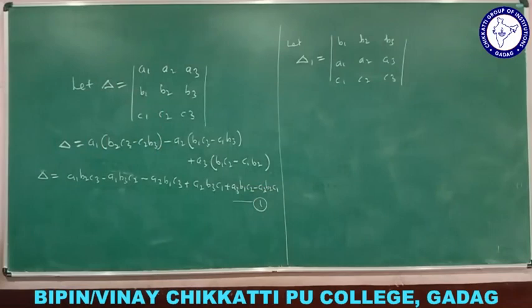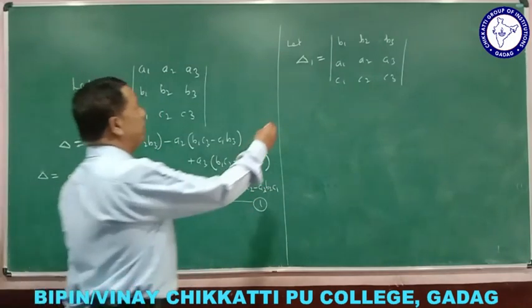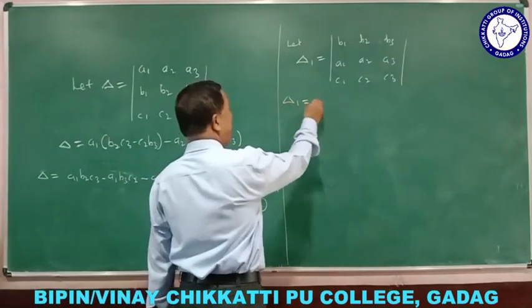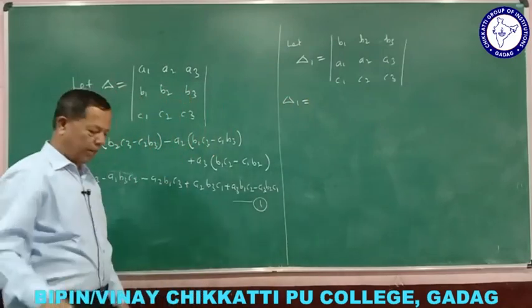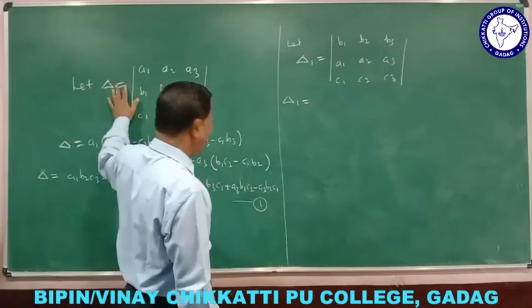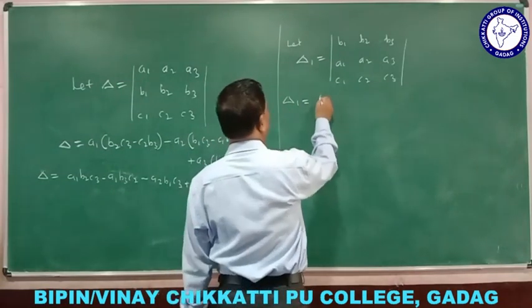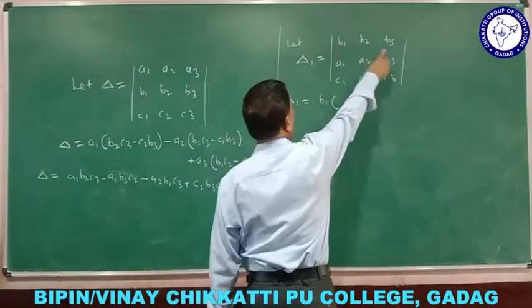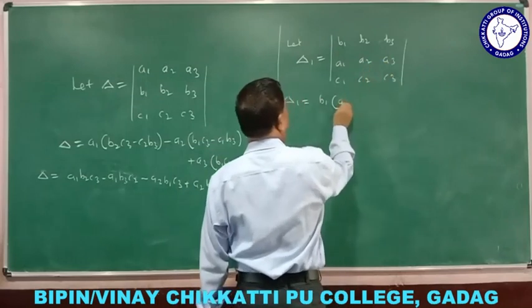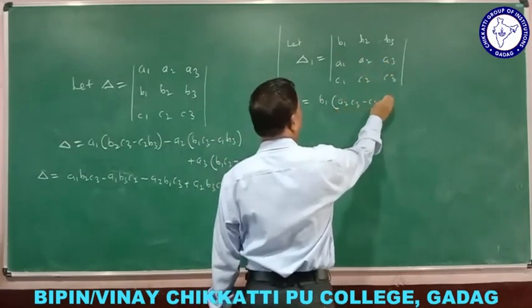The same thing we did in the previous case. Now, what is delta 1? Delta 1 is the determinant formed from this in which the first and second rows are interchanged. Look, expand this. B1 into bracket, leaving this row and column: A2 C3 minus C2 A3.